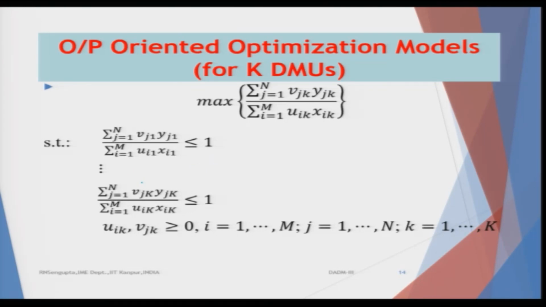The third constraint would be in the ratio, the numerator would be the bundle of all the outputs corresponding to the third DMU, and in the denominator the bundle of inputs for the third DMU, and we will continue doing that till we reach the kth one.